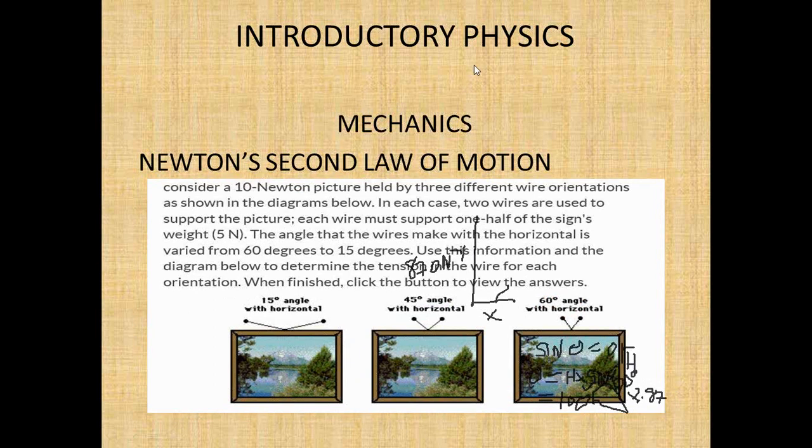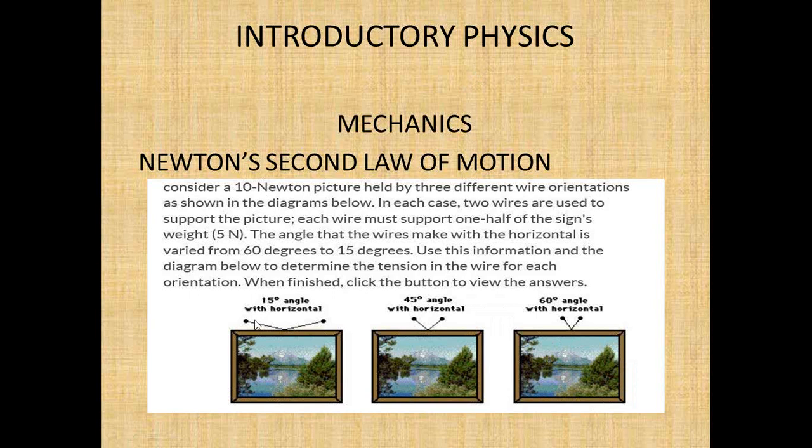All right, so let's look at this problem. Read the question carefully and understand what's been asked. Consider a 10 Newton frame. So you have a frame, it weighs 10 Newton. It is held up by 3 different wire orientations as shown in the diagram below.